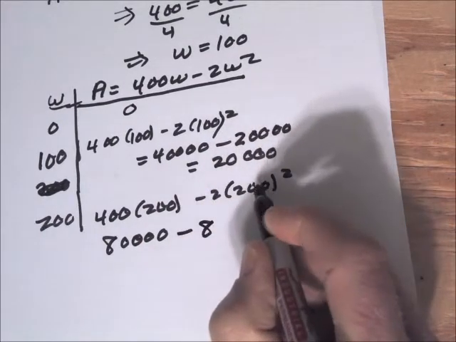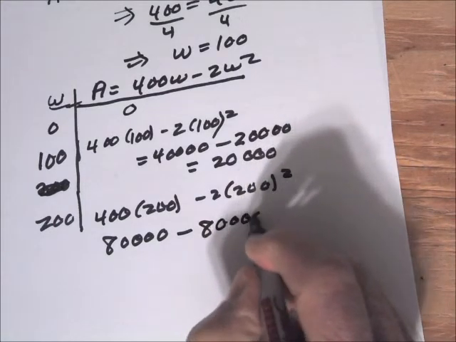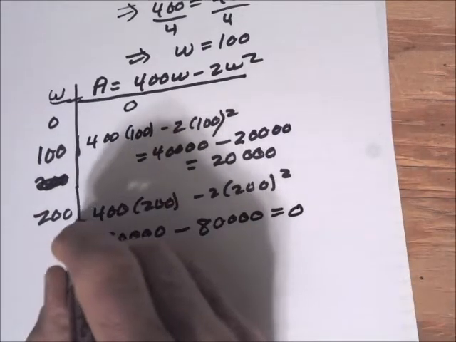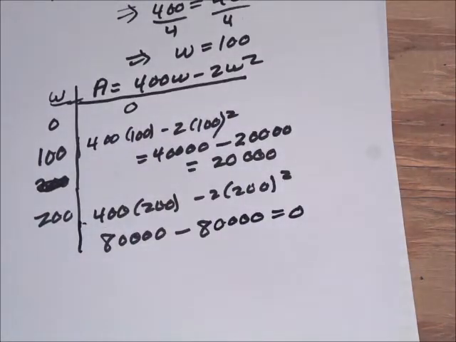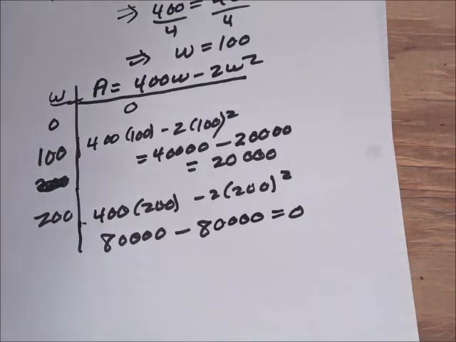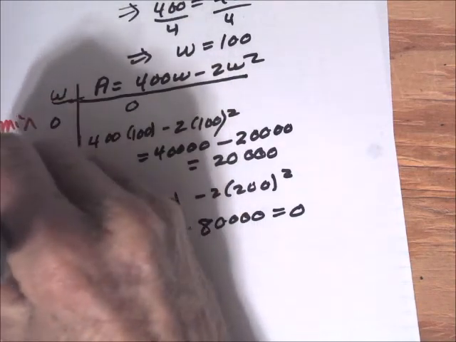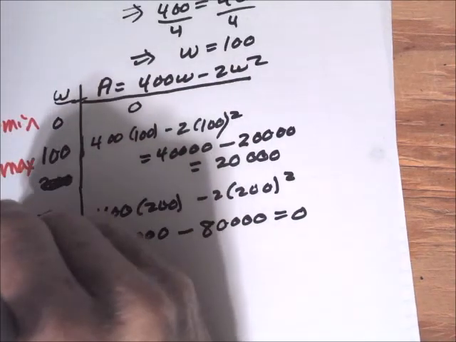And when you square it, you double the number of zeros, so you have 4 zeros there. So this is equal to 0 also. So we have the minimum area at the two endpoints, and the max is in the middle. So this is the min, max, and min.